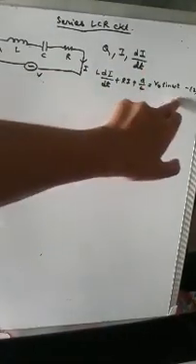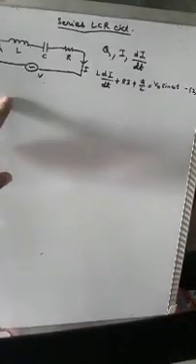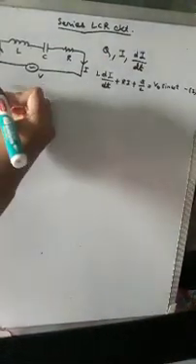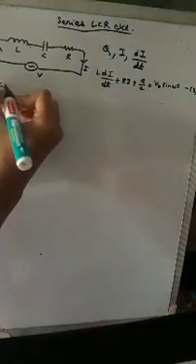Now students, I will put all these three values, that is q, I and di by dt, in this particular equation number 2 that I have written here. Putting all these three values in equation number 2, our equation will become, I will explain again, let me write it.